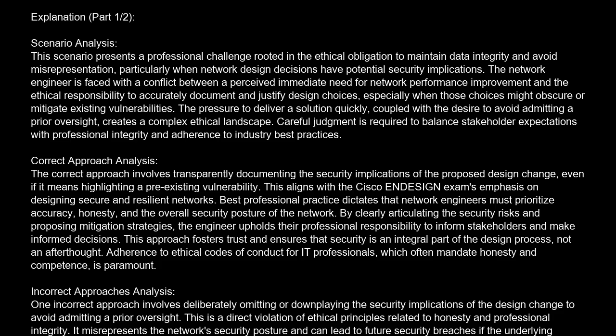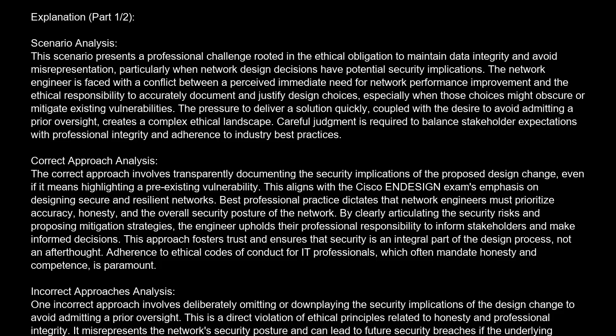Correct approach analysis. The correct approach involves transparently documenting the security implications of the proposed design change, even if it means highlighting a pre-existing vulnerability. This aligns with the Cisco ENDESIGN exam's emphasis on designing secure and resilient networks. Best professional practice dictates that network engineers must prioritize accuracy, honesty, and the overall security posture of the network.